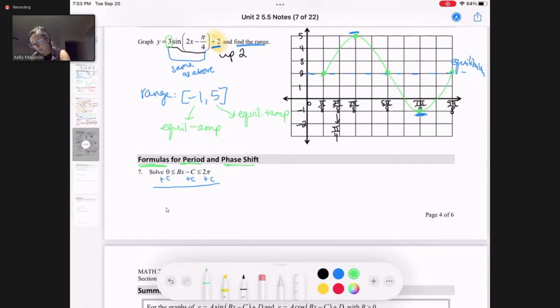Then I get C is less than or equal to BX is less than or equal to 2 pi plus C. And then I say, okay, now divide everything by B. And so this gets me C over B is less than or equal to X, which is less than or equal to 2 pi over B plus C over B, sorry.